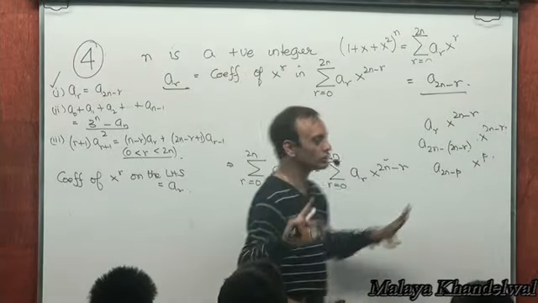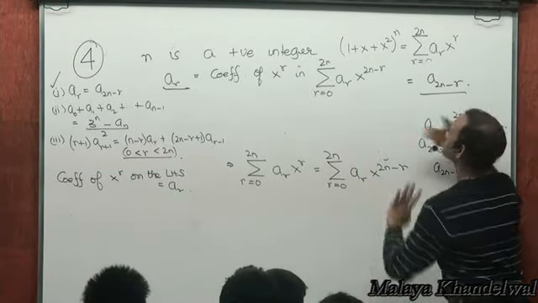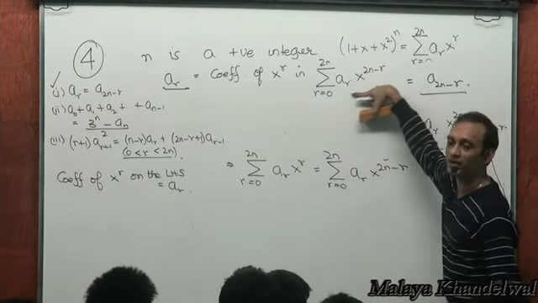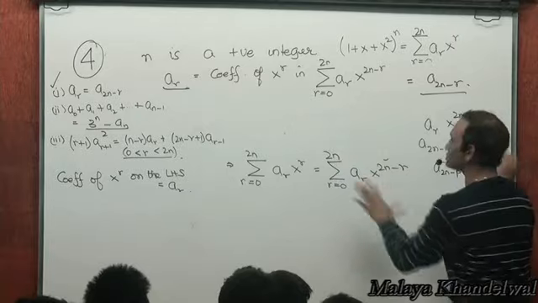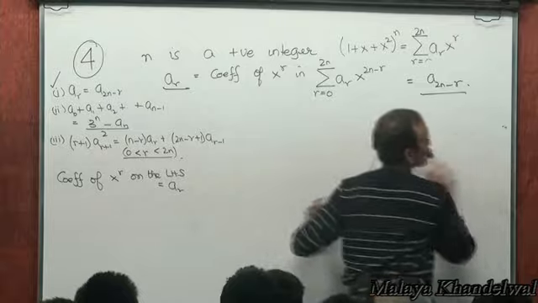Not very sure? Okay, if you're not very sure, I'll quickly do this for you. Let me find the coefficient of x power r on the right hand side without doing this jugglery. Let me do it the brute force way.